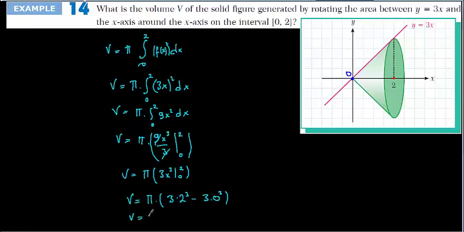The volume is equal to pi times 3 times 2 cubed. 2 cubed is equal to 8, times 3 is 24. Pi times 24, so the answer is going to be 24 pi.